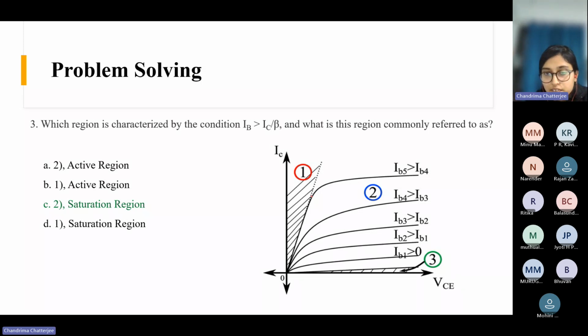If we just mark it up, these portions are saturation region portions, and this portion where the current is kind of constant is the linear region. So in saturation region only this condition is valid. I don't know whether they are telling it as 1 or 2, but I think it would be 1 and saturation. This is the correct answer. Fine. Is it okay?